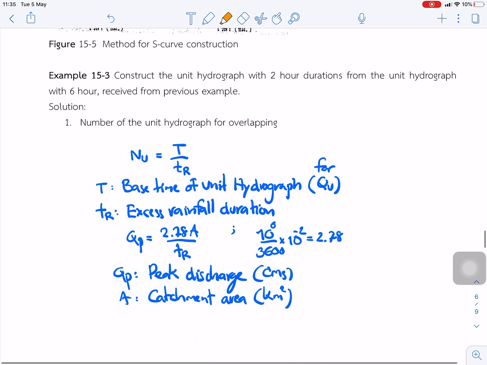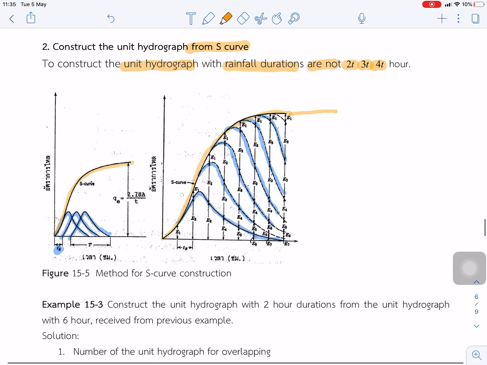So that is how to construct the S curve. The method is we add up the series of unit graphs with TR rainfall duration, putting each unit graph with a time lapse TR in a series, and add them together.